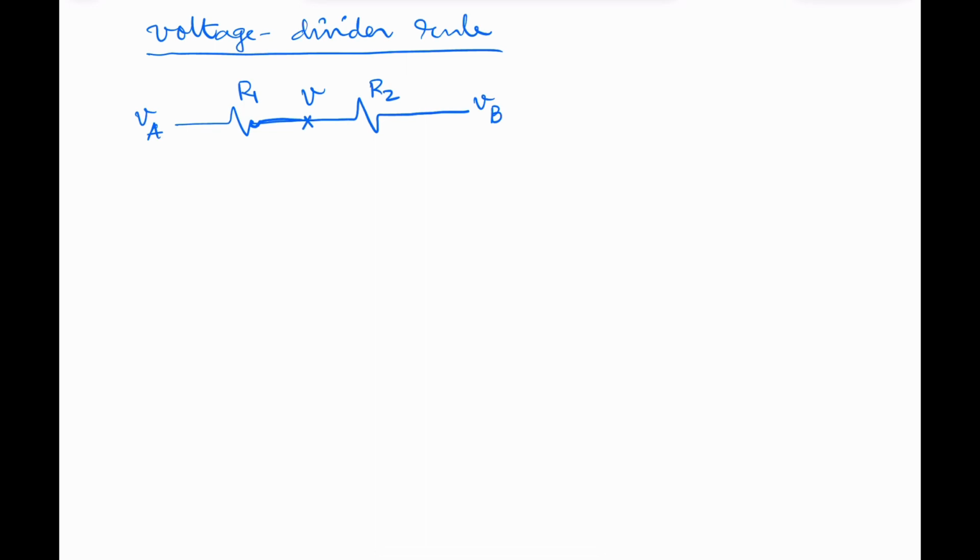As the resistors are connected in series, the current that flows through resistor R1 will definitely flow through R2. The same current will flow.